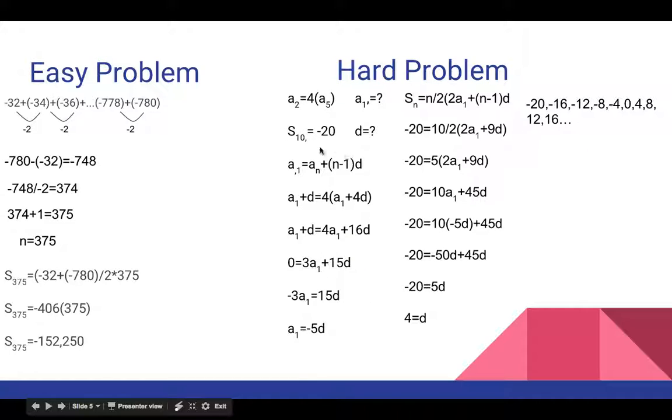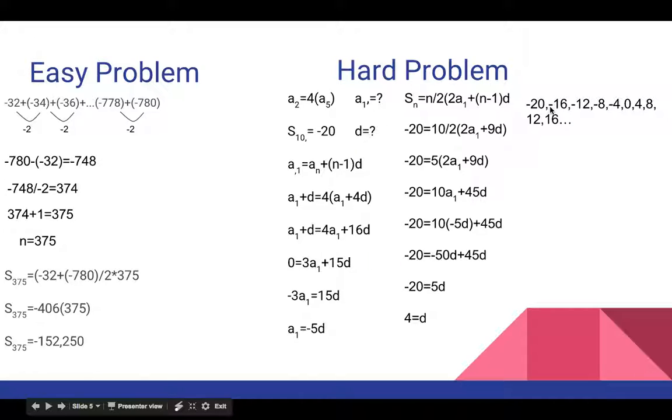We also need to find out that if we add all these together, we're going to end up with negative 20. So if we do that, we cancel this out, which is 0. We cancel the 12s out, which is 0. We cancel the 8s out, which is 0. And we cancel the 4s because it's 0.